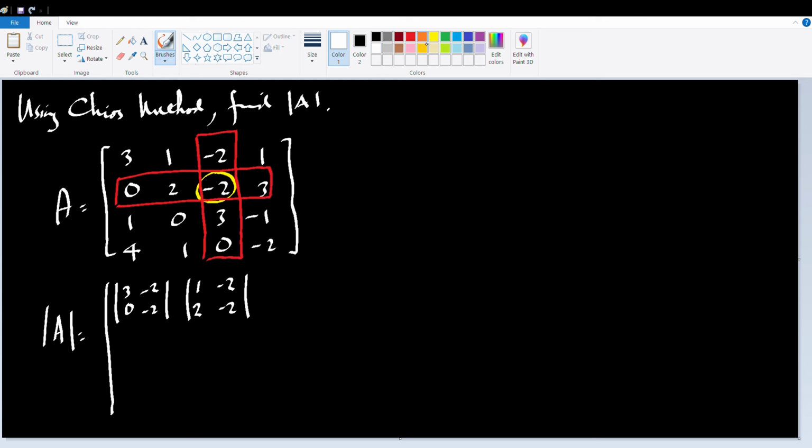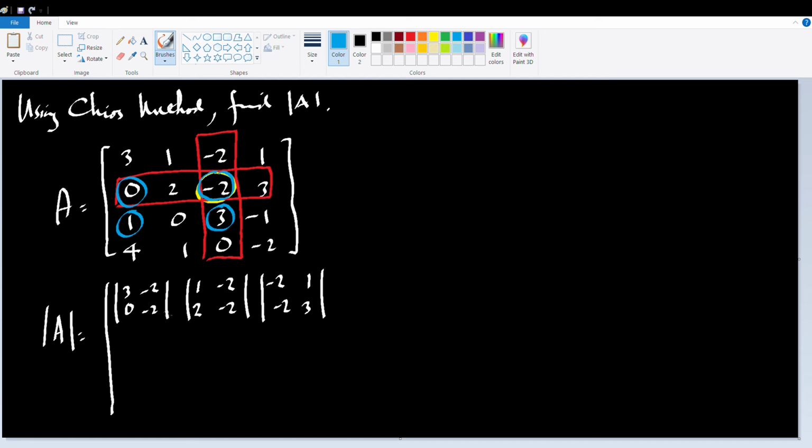Next, this entry together with negative 2, negative 2, and 3: negative 2, 1, negative 2, 3. We go to the next one: 1, 0, negative 2, and 3.